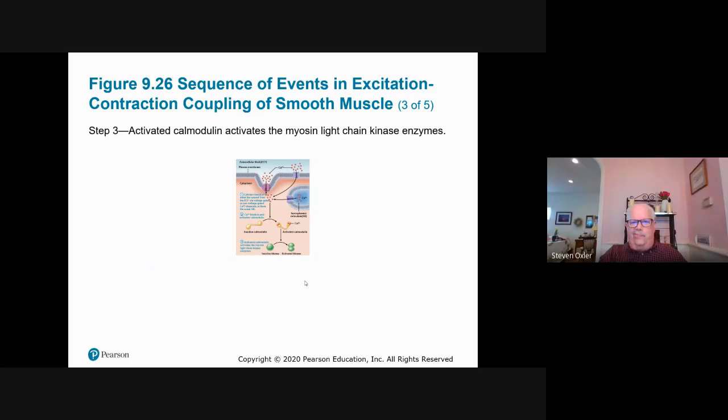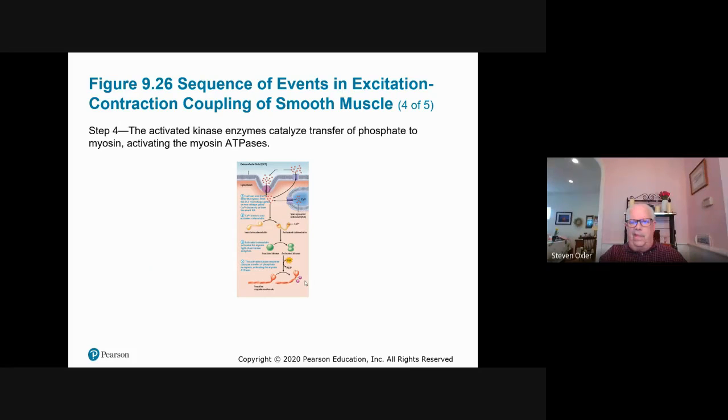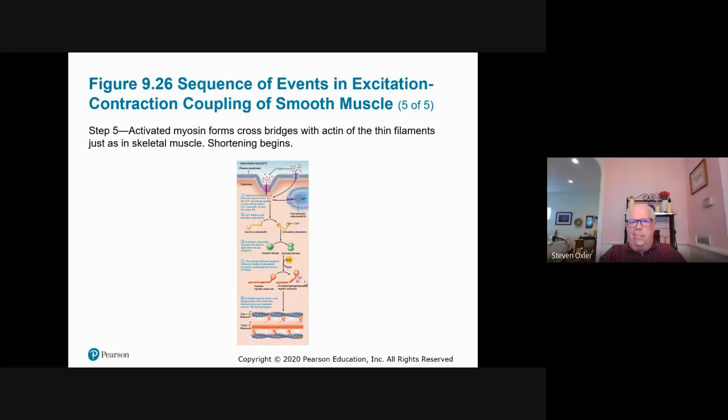The activated protein activates the myosin enzymes. The activated enzymes transfer the phosphate to myosin, activating the myosin. Activated myosin forms cross bridges with actin, just like it does in skeletal muscle, and it shortens from the cross bridges.